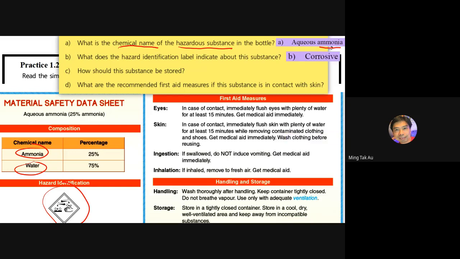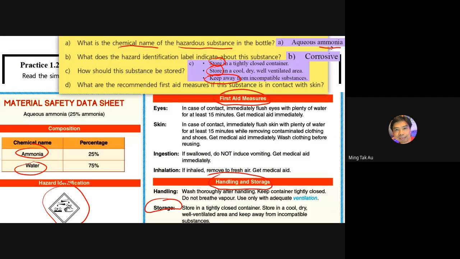And how should this substance be handled? It should be stored, according to the given information, and kept away from... It mainly comes from the storage section. Not very difficult, just copy.